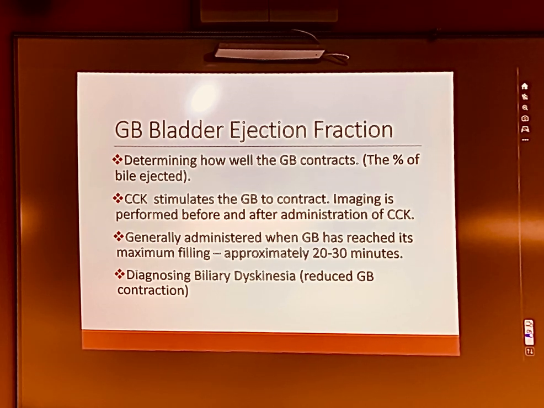Some people image for 1 hour, some people image for 30 minutes. It just depends. But this is the only way that you can tell the doctor a legit, reportable gallbladder ejection fraction. It's not an estimation. This is what we have.